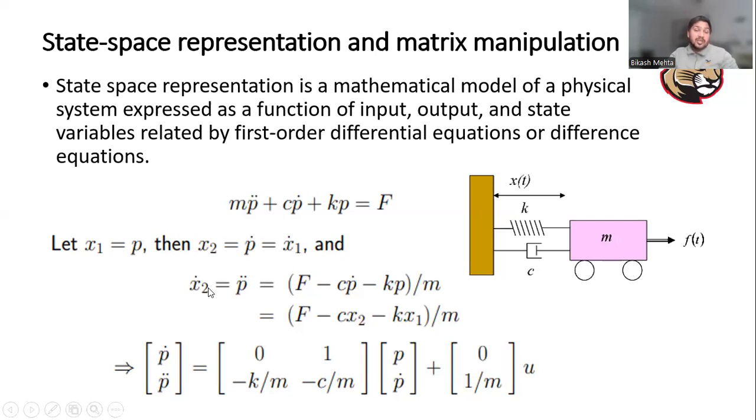I know that x2 dot is p double dot, and p double dot we can find from over here. Now the state space representation is a first order differential equation. You can see that p dot is x1 dot and p double dot is x2 dot. So we can easily reduce the second order differential equation into a first order state space representation by this process.